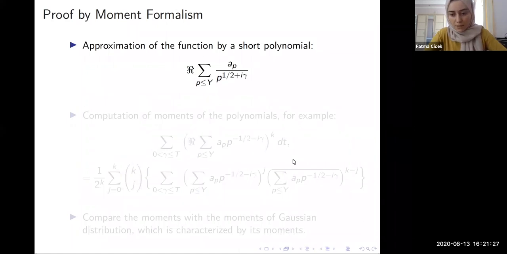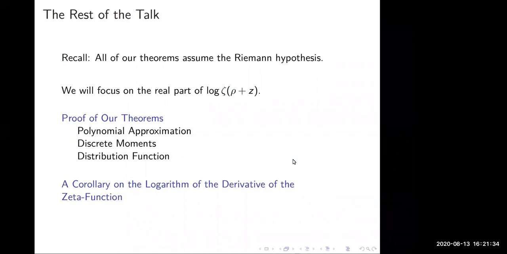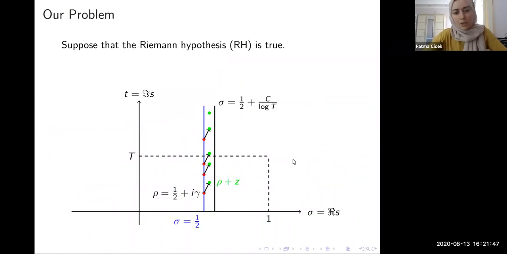Fatma, I had a question before you proceed. You have taken z to have real part strictly bigger than 0, I think. Does Selberg already cover the case where z is 0, or what do you feel about that case? Selberg's central limit theorem was also true for vertical lines in between these two lines.